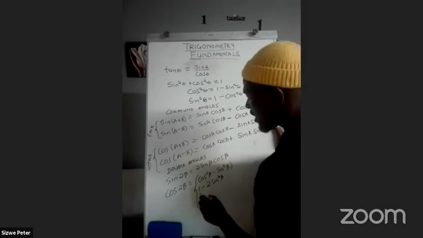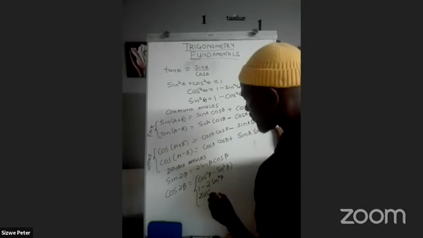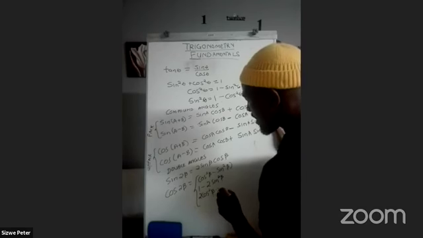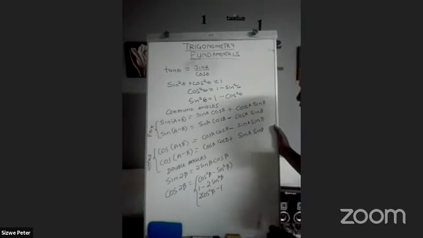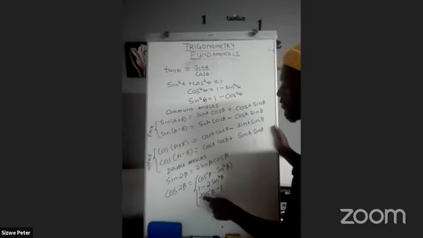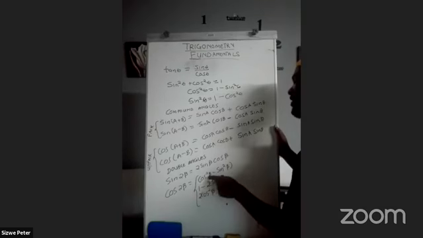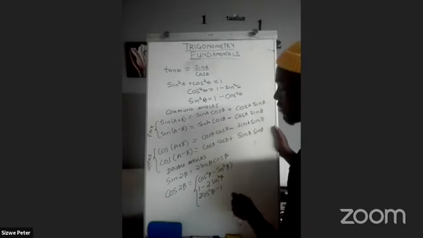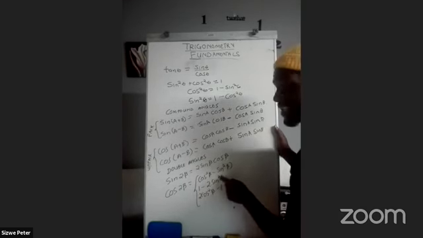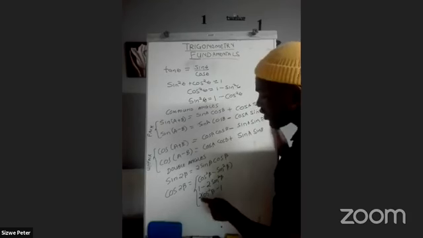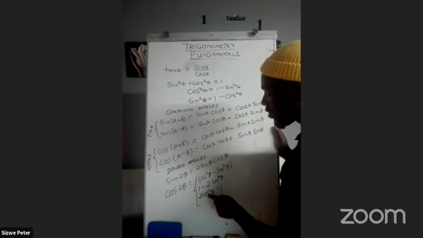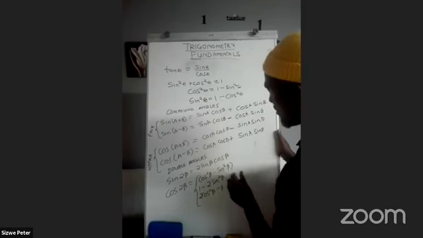And the last one is 2 cos squared beta minus 1. So cos 2 beta has 3 formulas: cos squared minus sine squared beta, or 1 minus 2 sine squared beta, or 2 cos squared beta minus 1. All right.